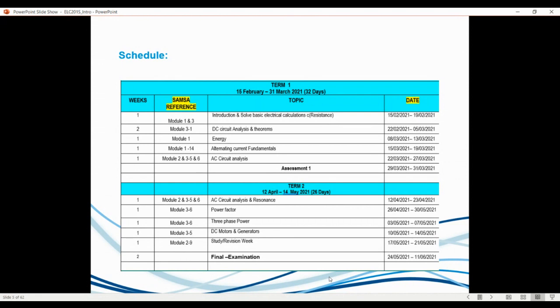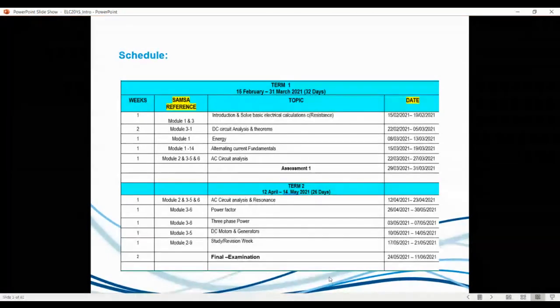Then we look at a very important concept called power factor, which is very important for electrical supply and generation. Then we get three phase, which will form the fundamentals for Electrotechnology 3. We will look at DC machines, particularly motors and generators, and end off with DC.